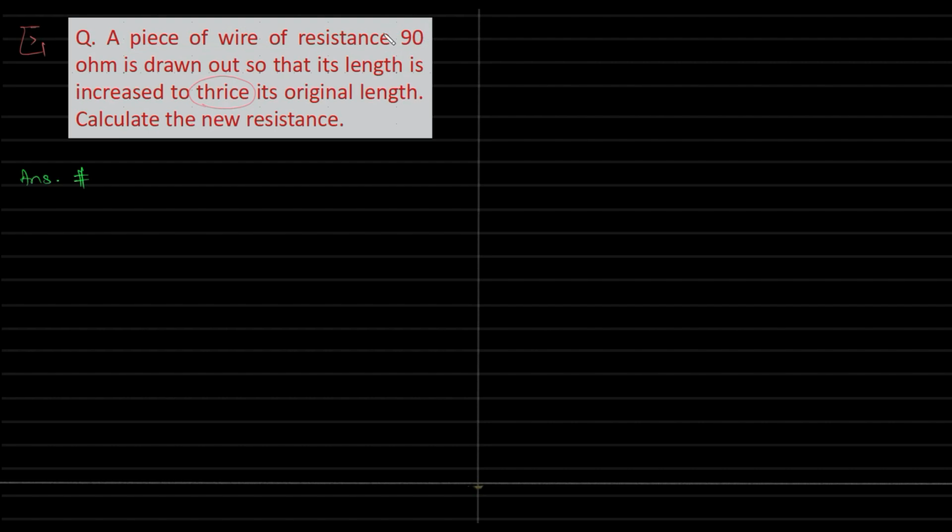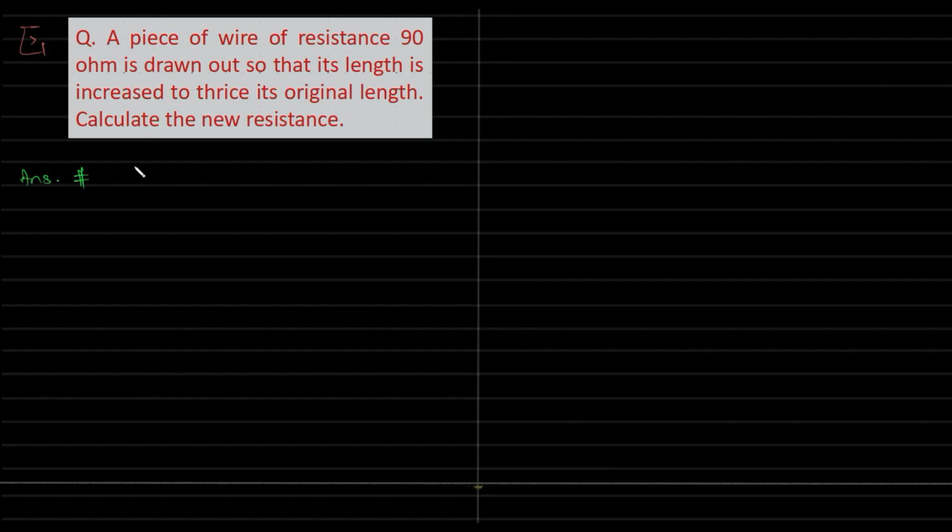It will be 9 times of this value, because it's pulled thrice, so it will become 3 square. This is what I taught you guys in the last question, the trick to do such questions. Since we are pulling it, the resistance will increase by 3 squared times, that happens to be 9. 9 nines are 81. So 810 ohm is your answer. But yes, you guys try the calculation, try to work out on a similar line and get that answer.